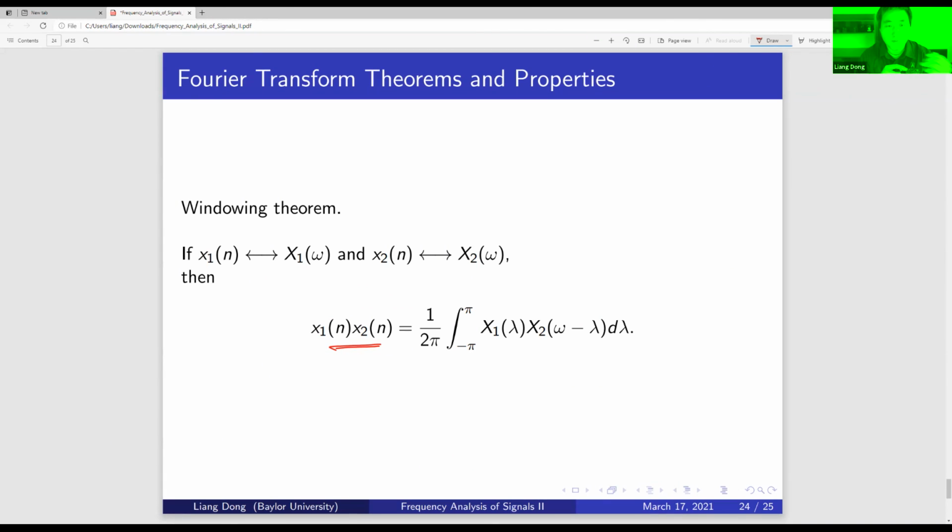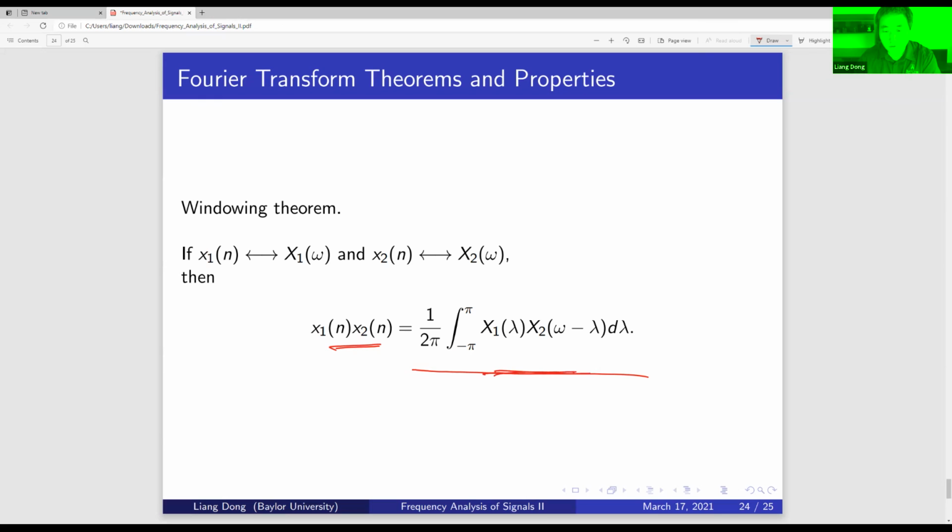Windowing is doing element-by-element multiplication in the time domain. Then the frequency domain is written in this form. It's a summation of X1 lambda times X2 omega minus lambda, integrated d lambda over one window of 2 pi.